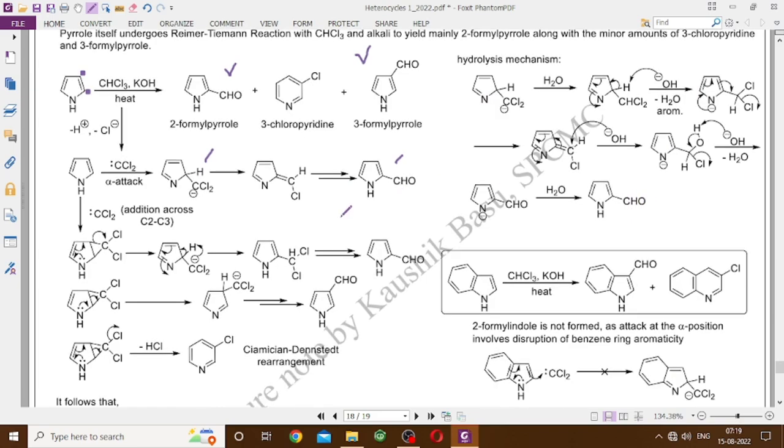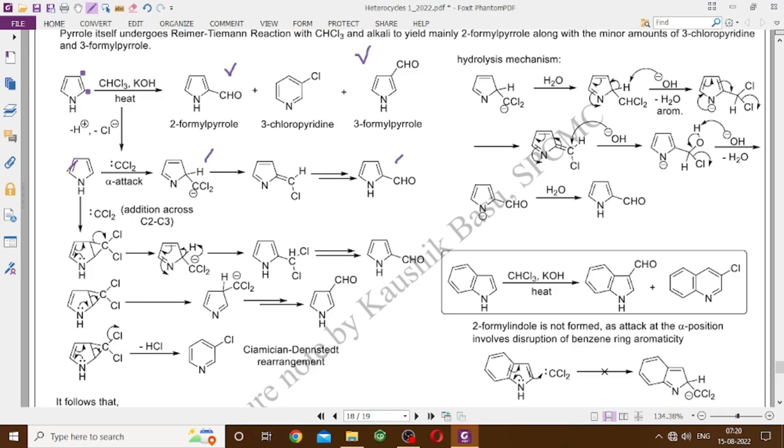However, there is a possibility that this dichlorocarbene, instead of acting as an electrophile and getting itself attached onto the C2, that is the alpha position, may undergo addition across the carbon-carbon double bond between C2 and C3, because carbenes are known to do that.